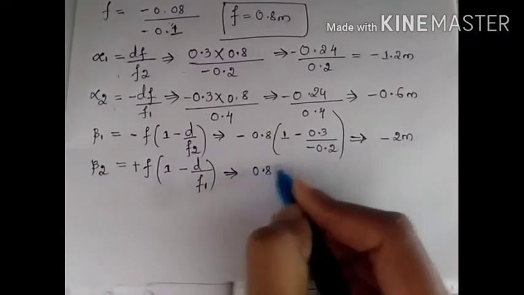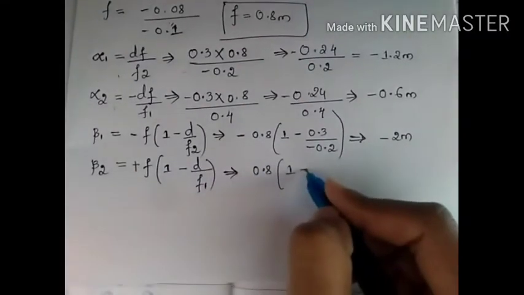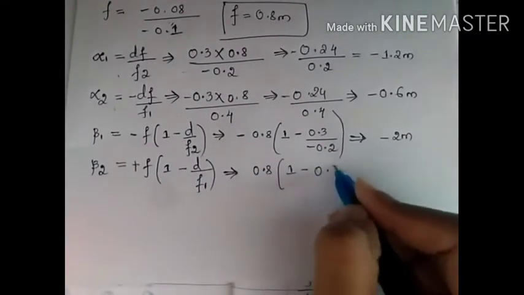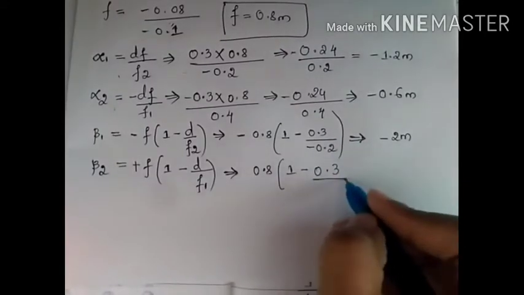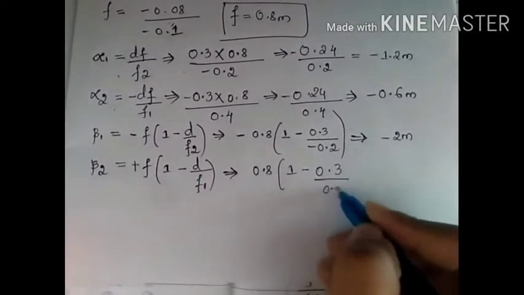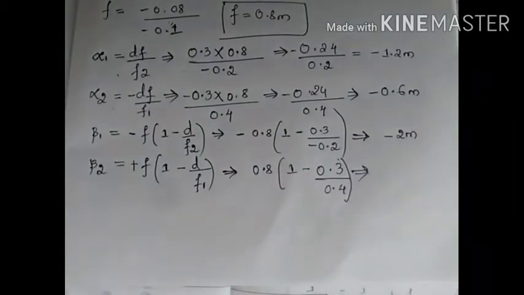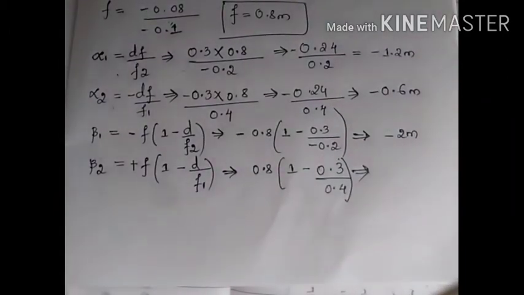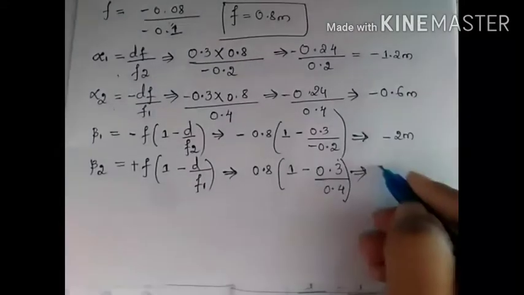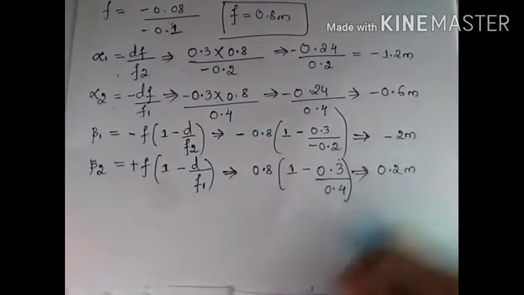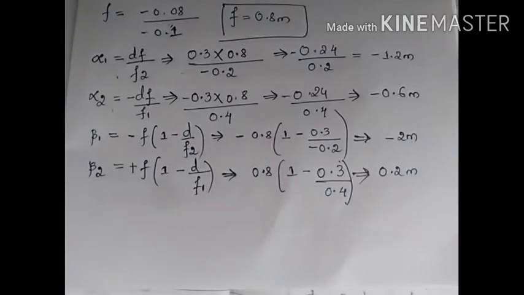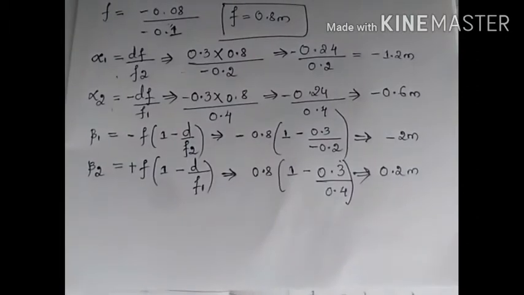So 0.8 multiplied by 1 minus d, which is 0.3, divided by 0.4. If you solve this, you get the value as 0.2 meters. Beta 2 is 0.2 meters.